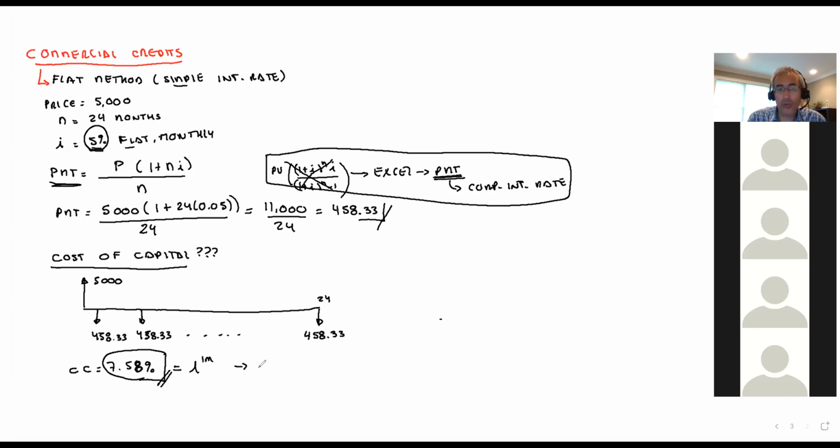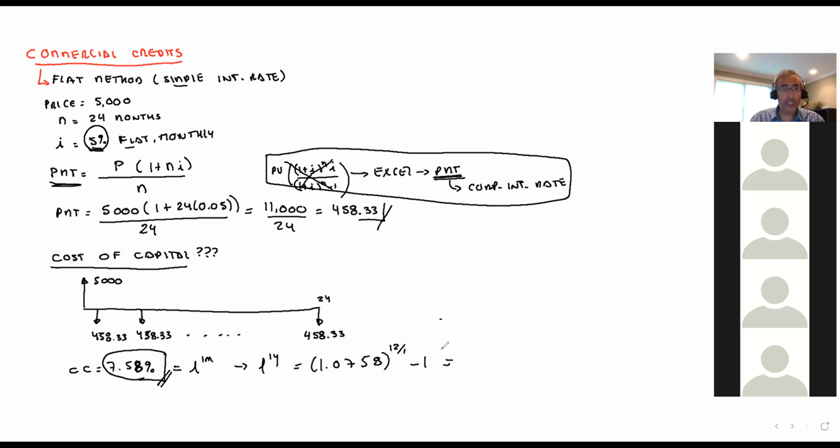If you want to see your annual rate, it's going to be 1.0758 to the power 12, minus 1, times 100.